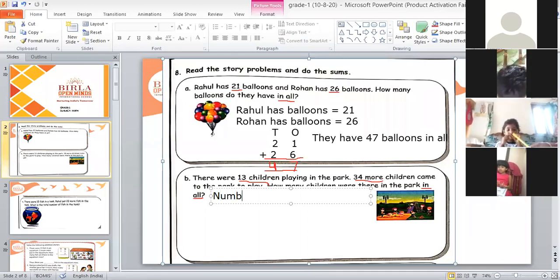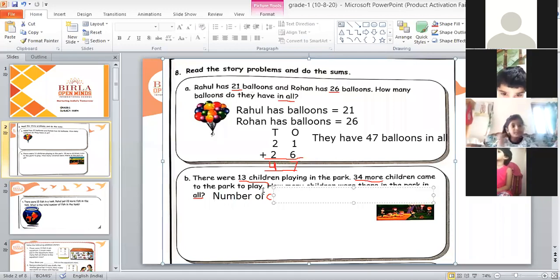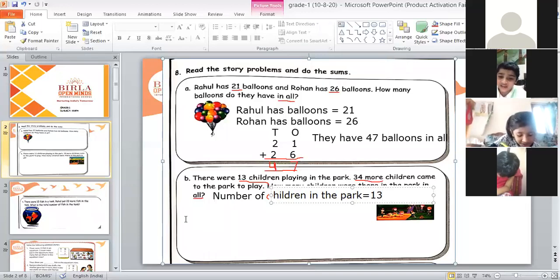Number of children in the park equal to how many? 13.